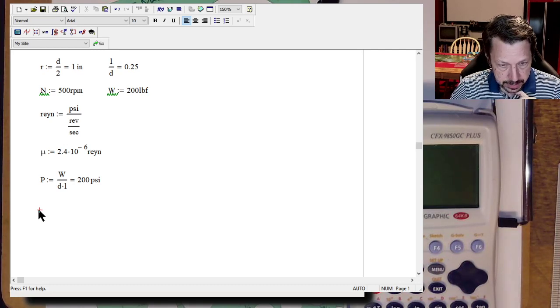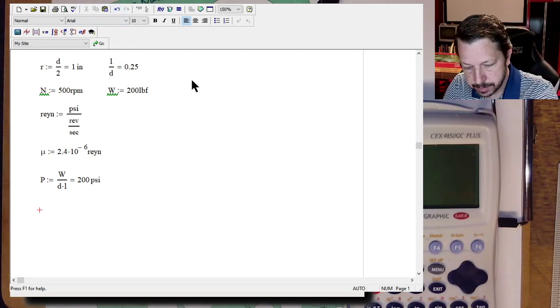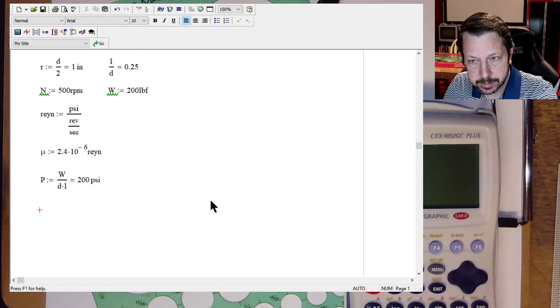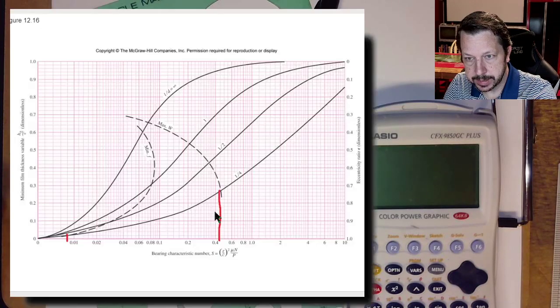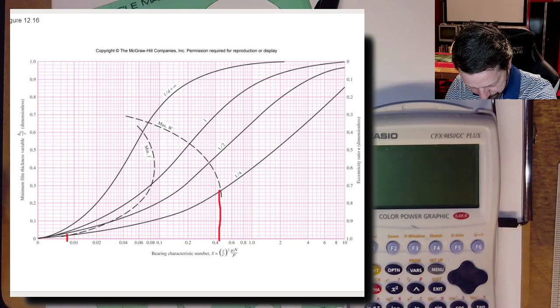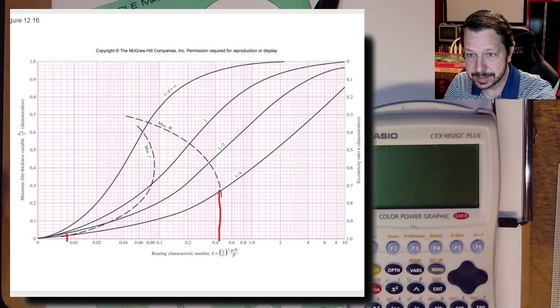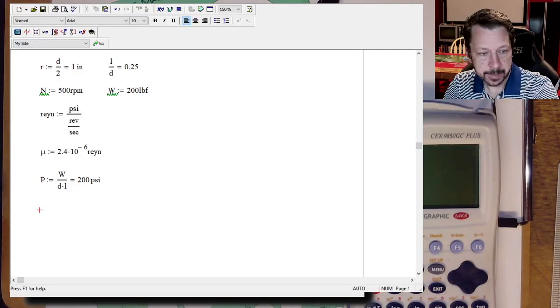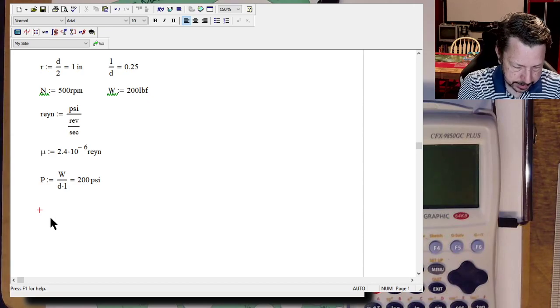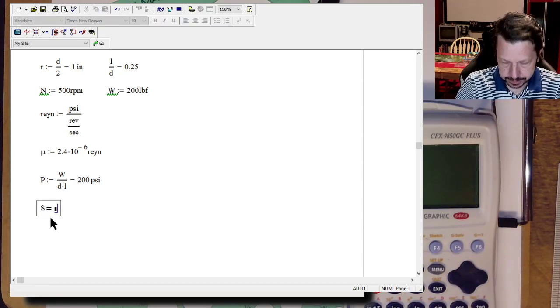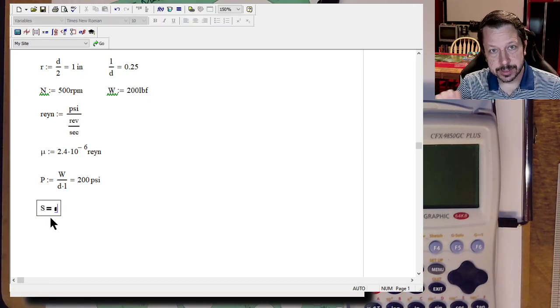All right, for our first scenario, let's get this number that looks like it's around 0.45 off of the x-axis, the one that relates to the maximum W, maximum weight supported. So let's get that Sommerfeld number going. Remember, S equals, this is the bearing characteristic number, the Sommerfeld number at the x-axis on all of these charts.